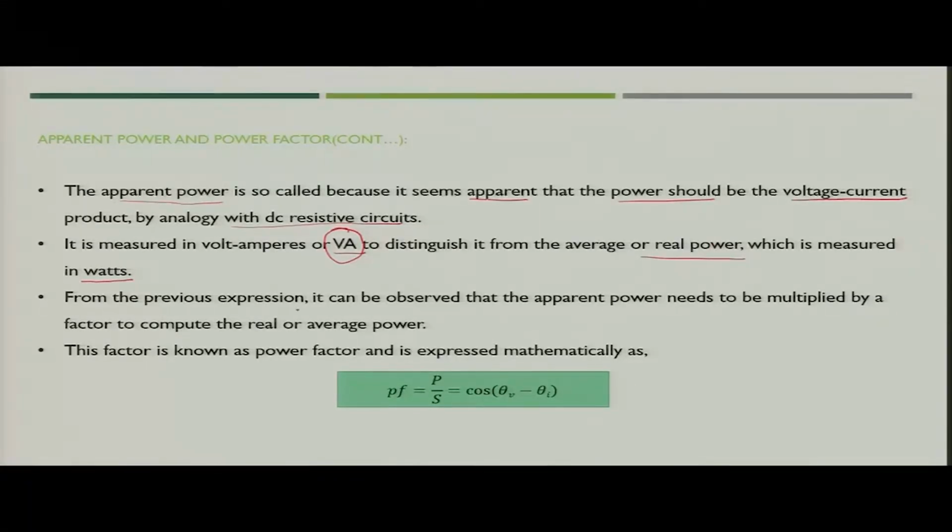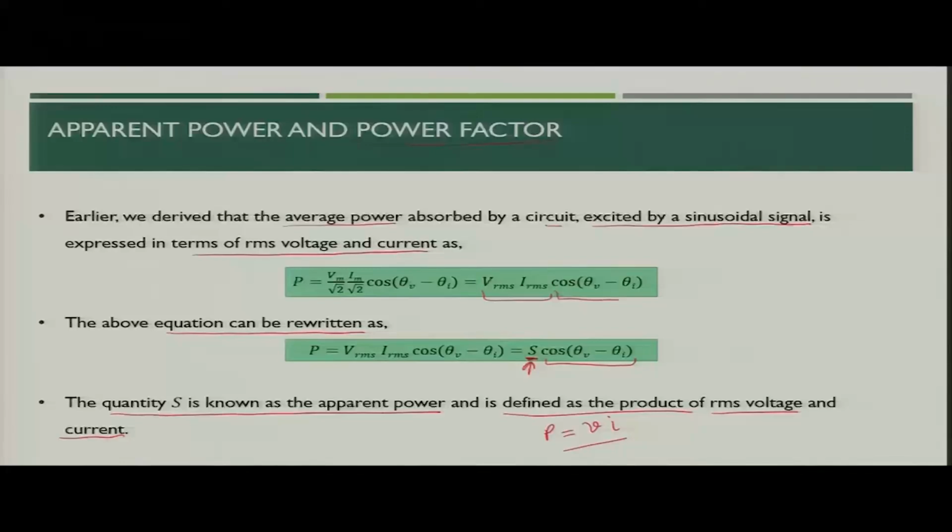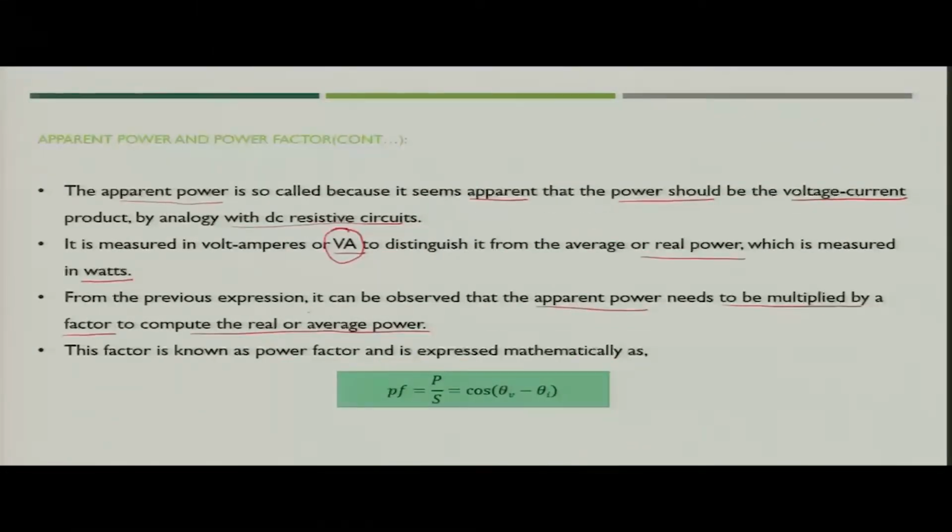Now, from the previous expression, you can also observe that apparent power needs to be multiplied by a factor to compute the real or average power. What was that term? That term was cos(theta V minus theta I).